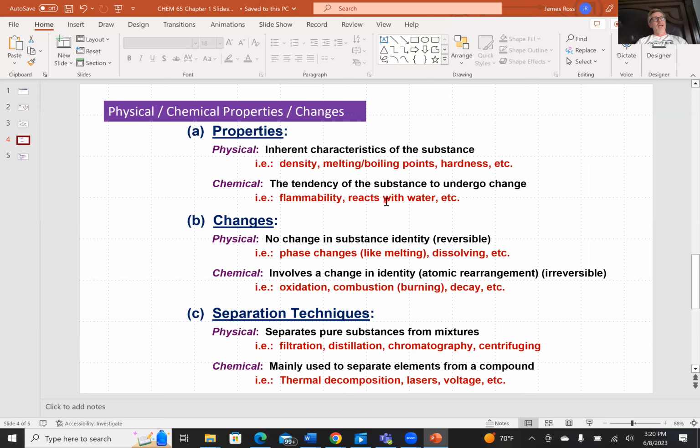If you take an antacid and dissolve it in water, it might dissolve and generate some gas. If I say a property of that antacid is effervescence, or the ability to form bubbles, the only way to show you that is to actually release the bubbles, but I can't do that more than once. So that would be a chemical property.